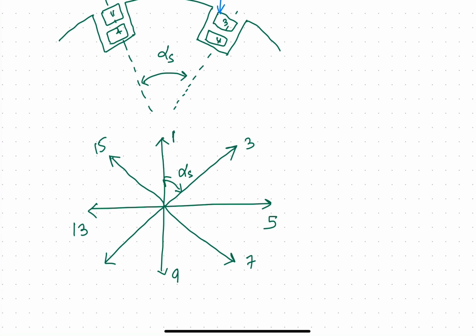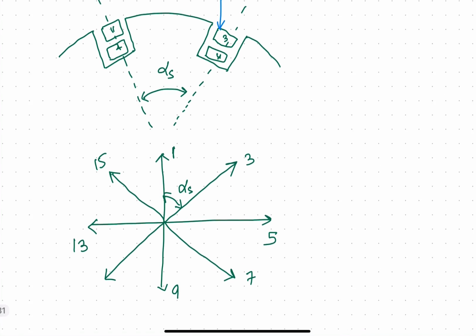I'll explain this in a bit. For the time being, you just copy this diagram.